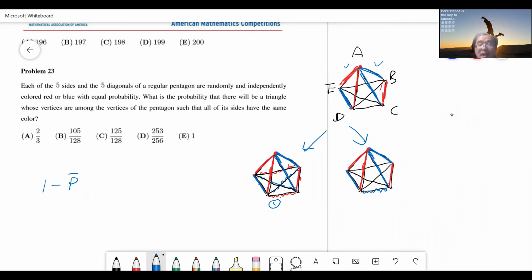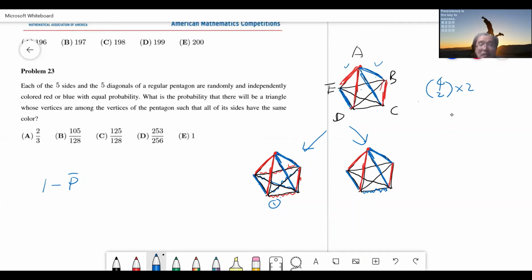How many ways do we have for these four sides to be two blue and two red? That's actually 4 choose 2, right? And each of these gives 2. So there are 4 choose 2 times 2 ways we can color these edges that give no triangle with 3 sides of the same color, right?